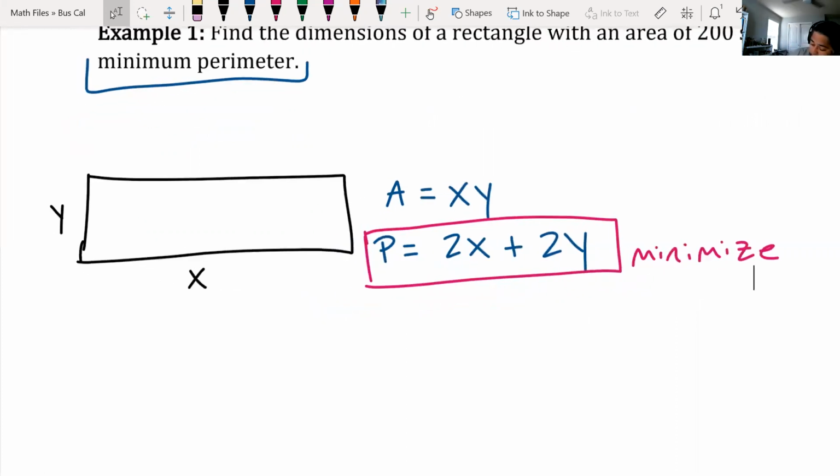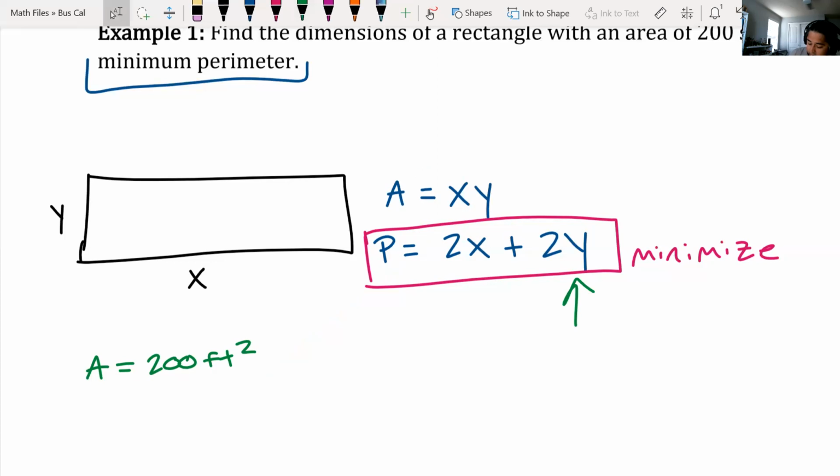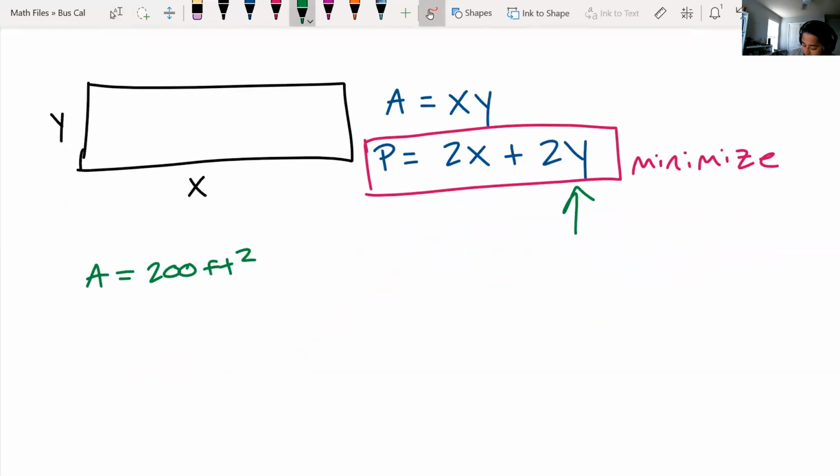So area is 200 square feet, and the formula for area is x times y. I'll show you in a second why we make a substitution for y. Since area is x times y, we get xy equals 200.